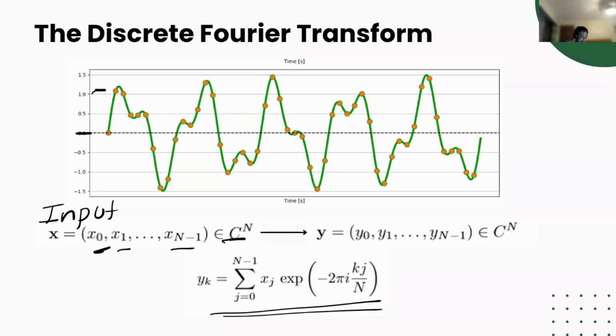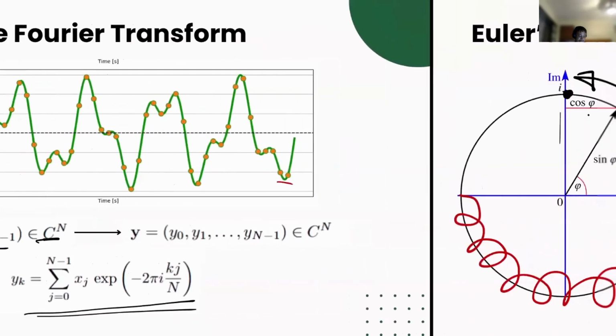And so what J is telling me is that when J equals 0, I'm referring to this point. When J equals 1, I'm referring to this point, when J equals 2, and so on and so forth, all the way until I get to J equals n minus 1. And so it's just a way of accessing the information at that specific point in time. That's what J is representing.